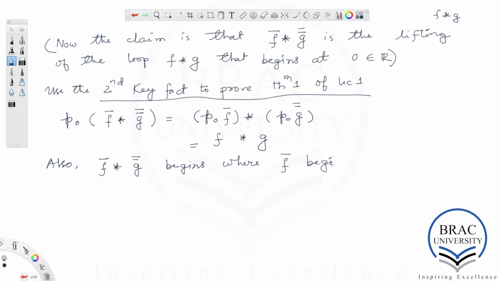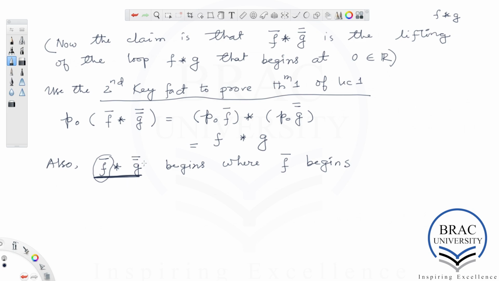We know from the concept of concatenation of paths that the starting point of this path is the starting point of the first path, and the ending point of this concatenated path is the end point of the later path.